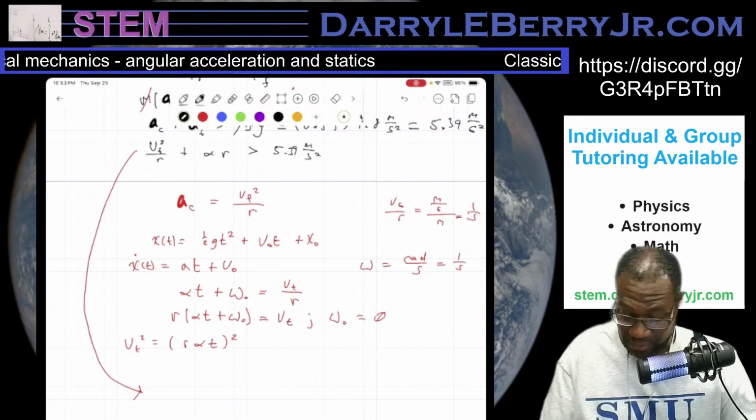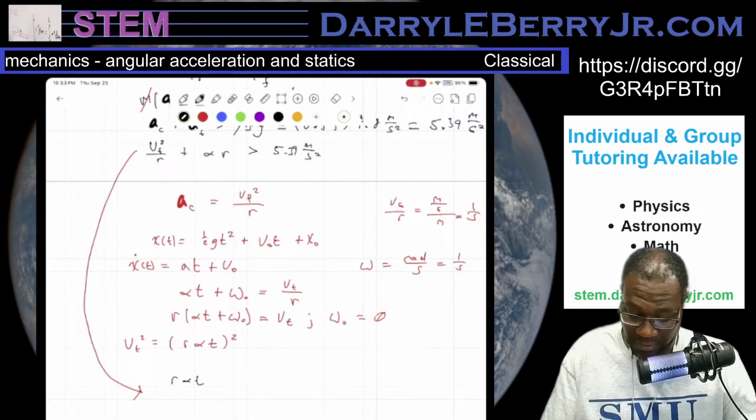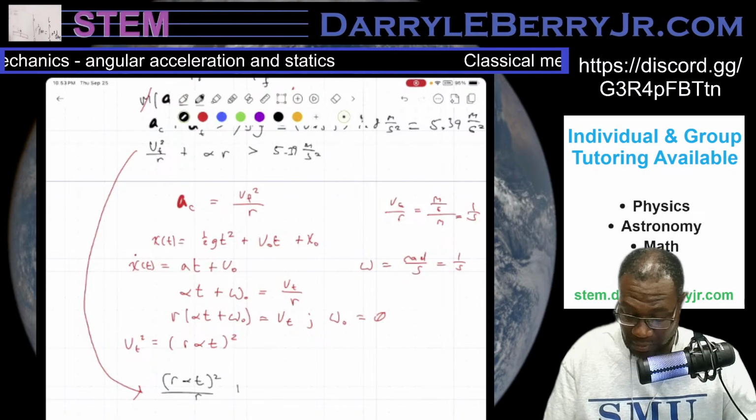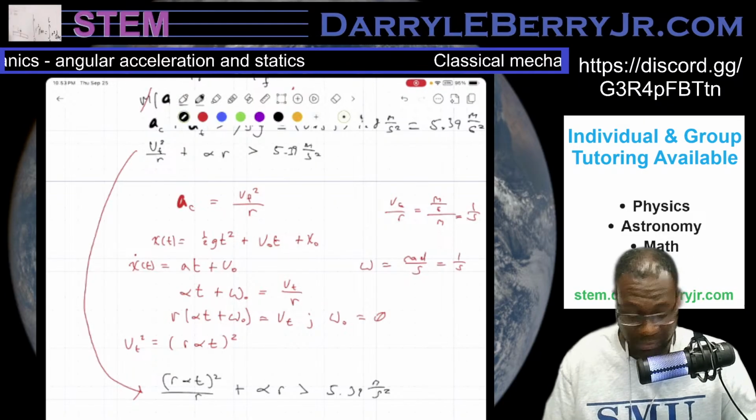So I can say that RAT squared over R plus alpha R must be greater than 5.39 meters per second squared.